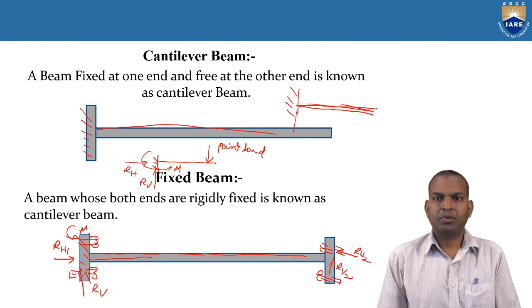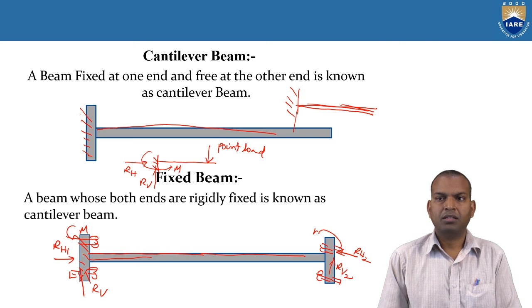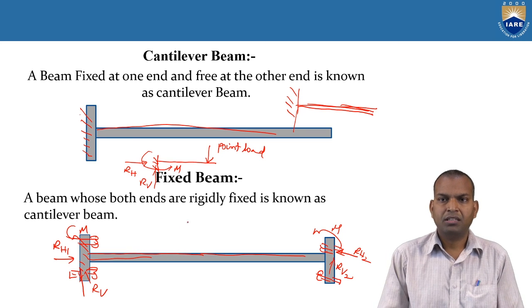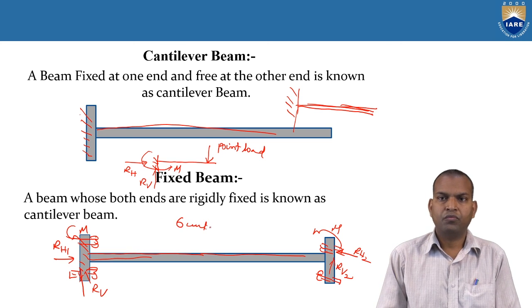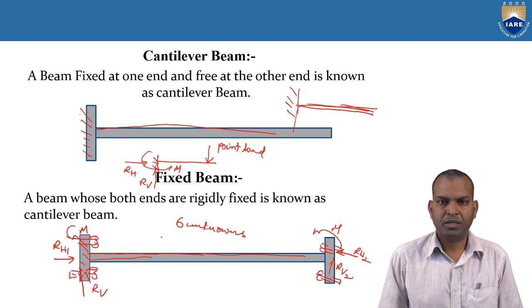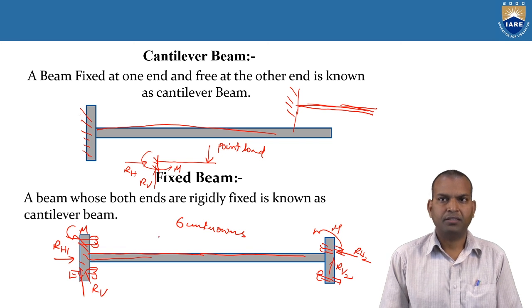And there is a moment reaction at each end. So there will be six unknowns. We have to find these six unknowns in order to describe the effect of a particular load, how the shear forces and bending moments vary. With this, the types of beams are completed.